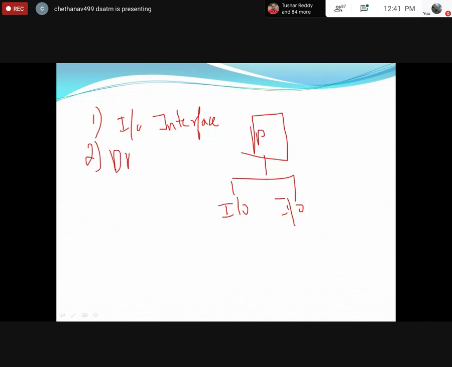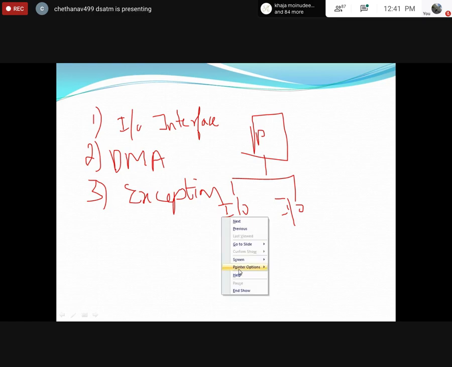What is DMA? DMA is direct memory access. That means the bulk amount of data I want to transmit without any intervention of the processor. That is DMA. After DMA, I think buses.